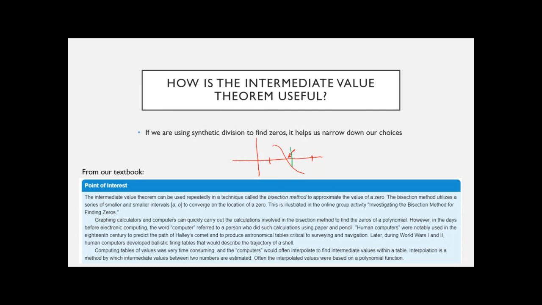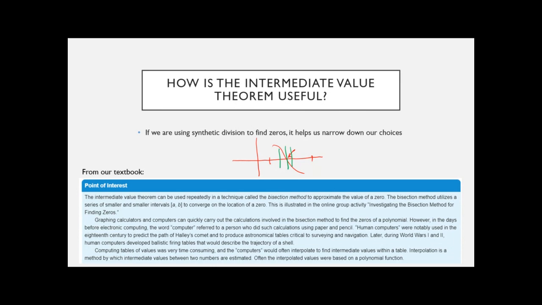If I split that interval in half and then check either half, there's no 0 on the right, so then I split the left interval in half and I check either half. And if there's no 0, I skip that, and then I divide it in half again. And you keep doing that until you basically find a 0. So that's what the bisection method does. This is what calculators do when they try to find zeros.